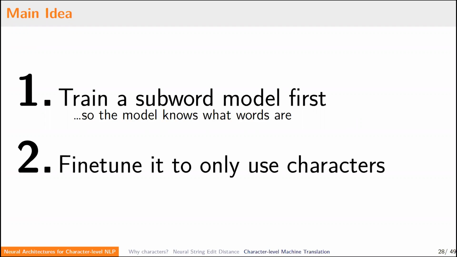And in the second stage, fine-tune the model to only use characters. The motivation for that was that we experimented with using different vocabulary sizes, and noticed that once we drop the subwords completely, there is a large drop in performance.